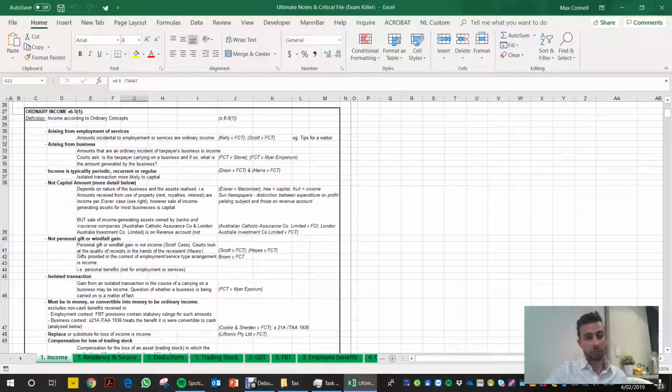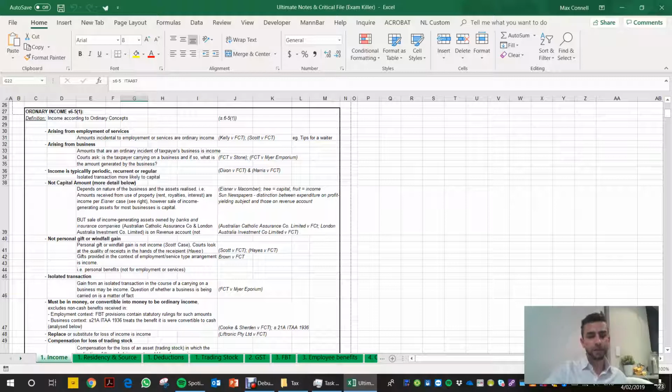It is somewhat important these days because there's CGT discounts, CGT exemptions, and you might have a capital loss from a previous year which you want to use to offset your capital gain. So there are some tax advantages to trying to argue that a certain income is capital over income still, but to a lesser extent.